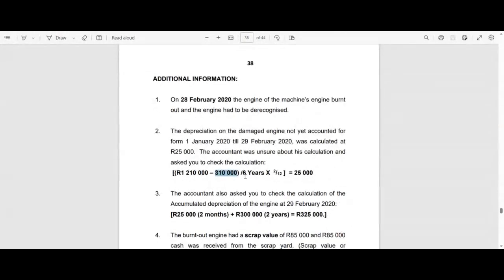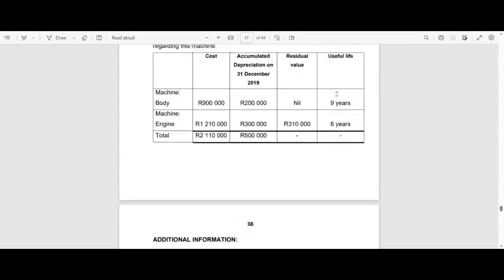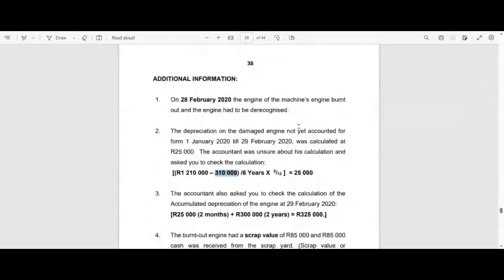So now we've got to bring our depreciation up to date. So it means we are going to divide it by 6 years, the estimated useful lifetime in years. That will then provide us a figure for the annual depreciation, but now we only must depreciate it for January and February, the first 2 months of the year, which means we are now going to multiply it by 2/12.